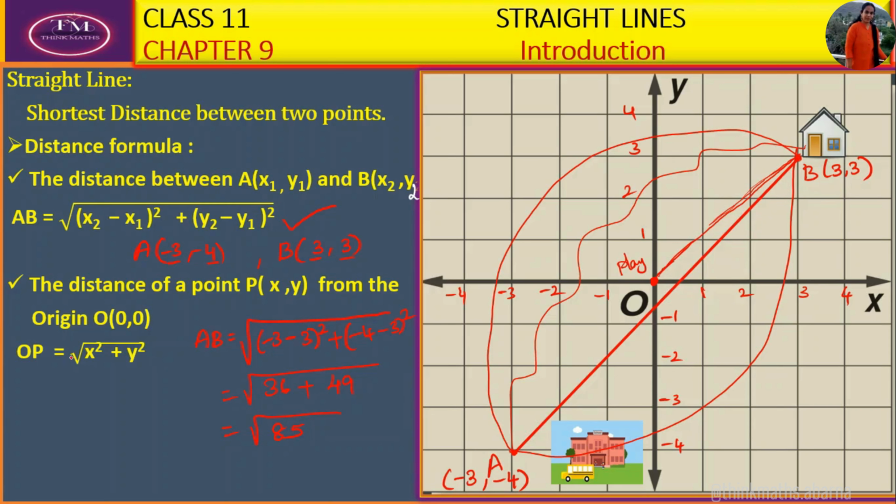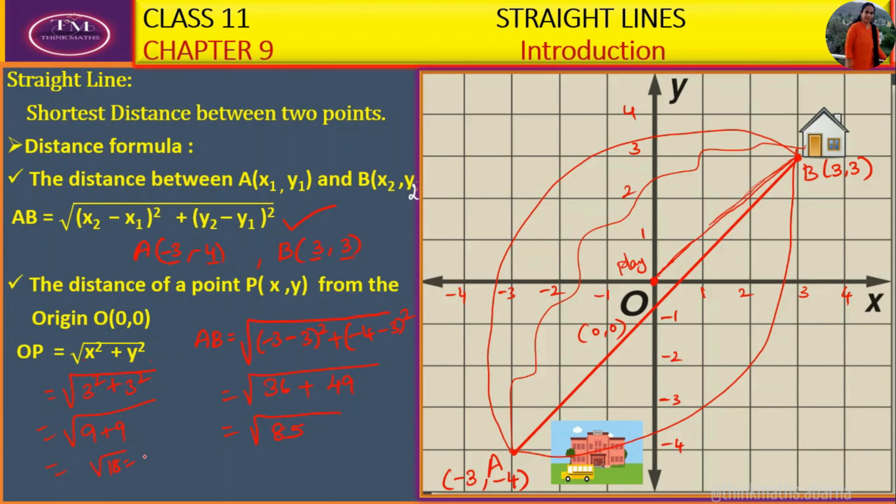It can be just the square root of x square plus y square, because the origin is at (0, 0). So it is (3 - 0) whole square plus (3 - 0) whole square. That's why we write it as x square plus y square. If the home is at (3, 3), then 3 square plus 3 square, which is 9 plus 9, so 9 plus 9 is 18.